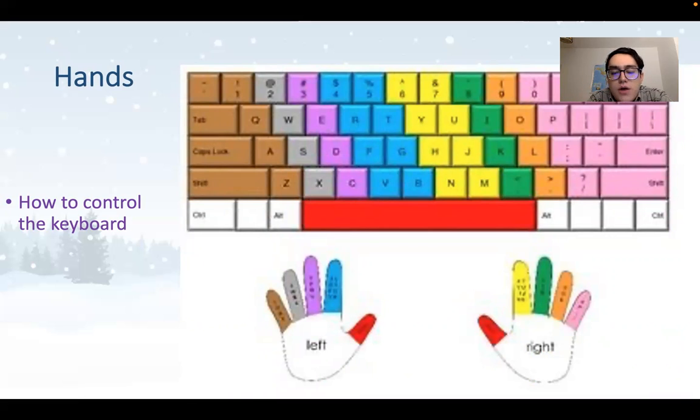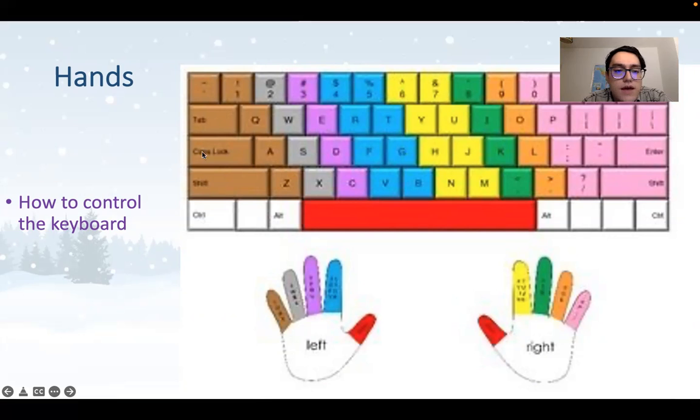You can see the left hand and the right hand. Based on the colors, you can follow which finger is for which area. Let's start with the brown one. The brown one is for your left hand, for your pinky. Your fingers should always be on the middle, and your pinky can control the brown keys.